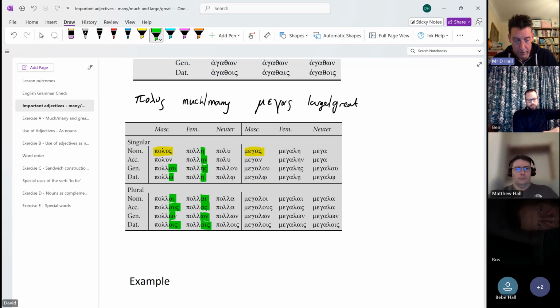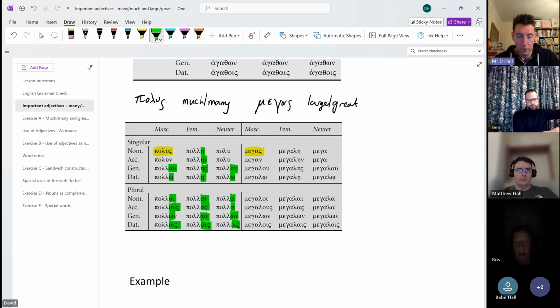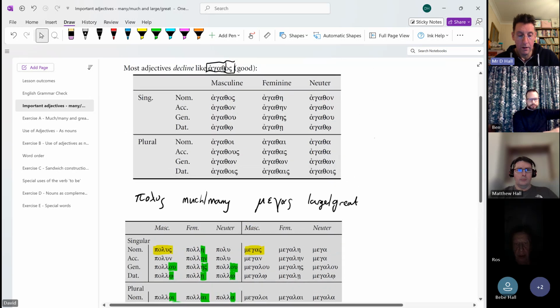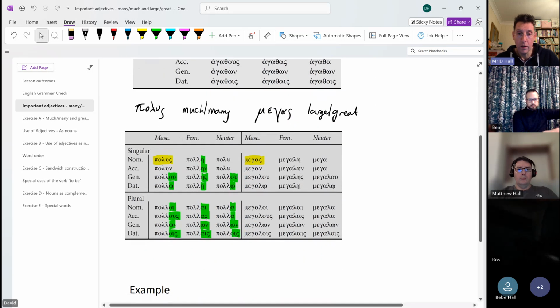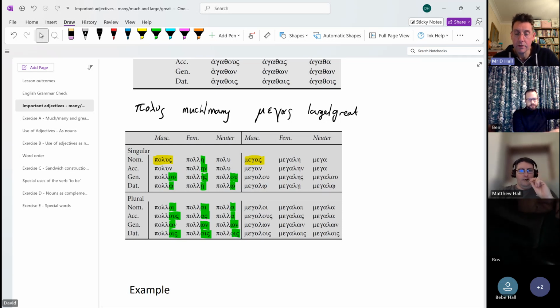If you look at those, and then if you look at the neuter ones, these ones I'm just going to highlight here, all of these are your standard endings. They're the same endings as we have for the adjective agathos. You'll see that they're all the same for masculine, feminine, and neuter. And they are in fact the same for the nouns that we've been declining, for your masculine nouns, your feminine nouns, and your neuter nouns. So it's all the same.